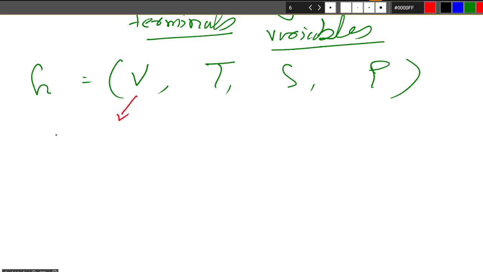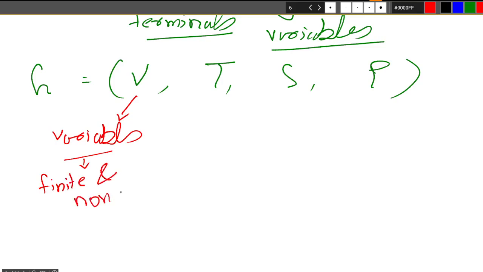V is the finite non-empty set of variables. What is it? Finite and non-empty. T is the set of terminals. This is also finite and non-empty.